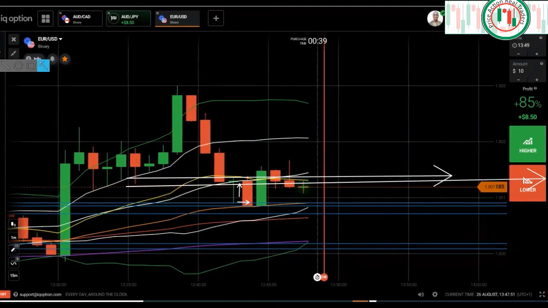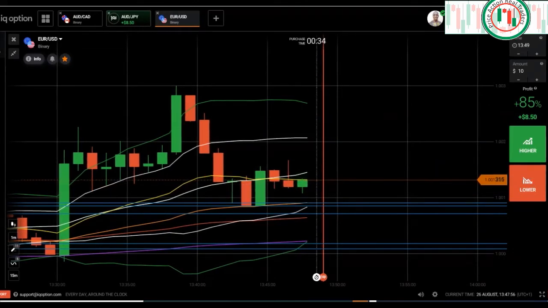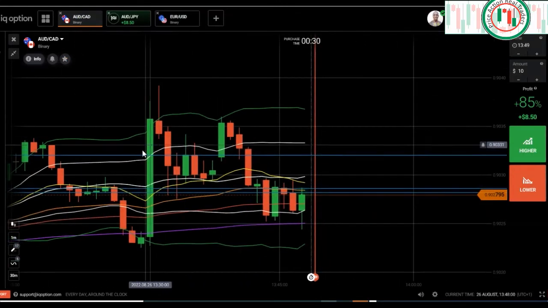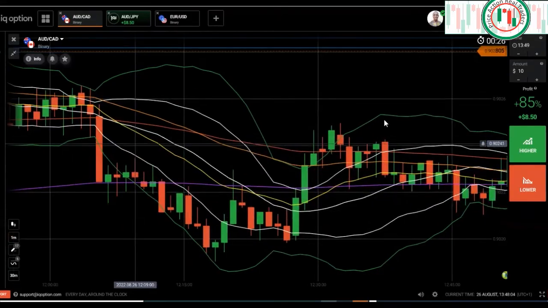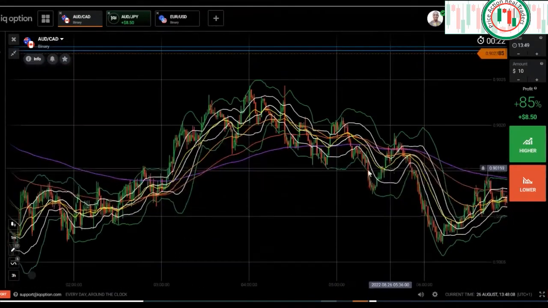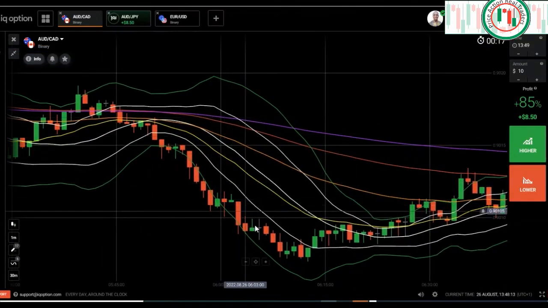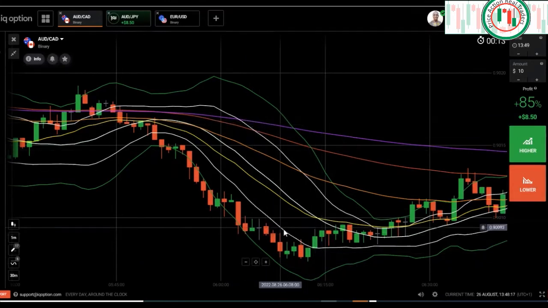So let's check. So you see here is strong downtrend. Here is strong downtrend.